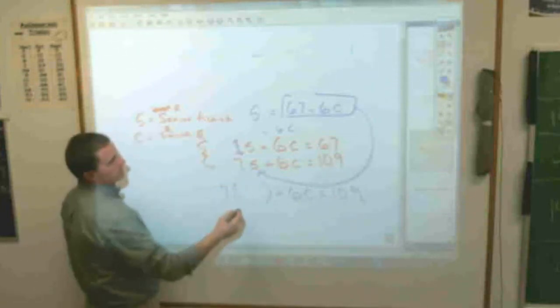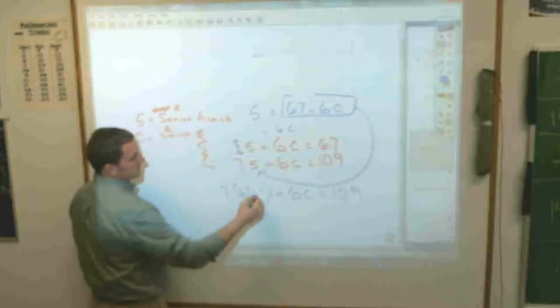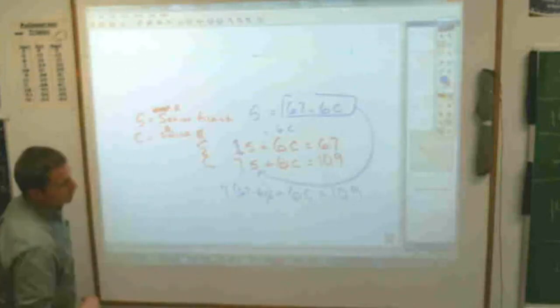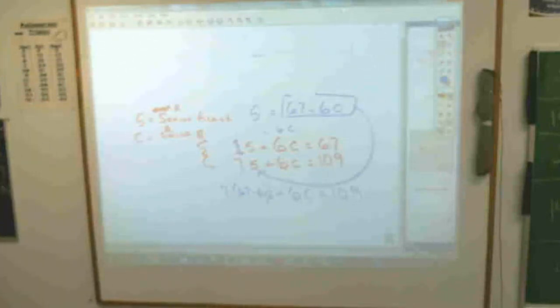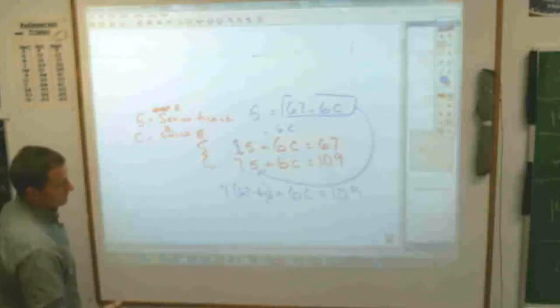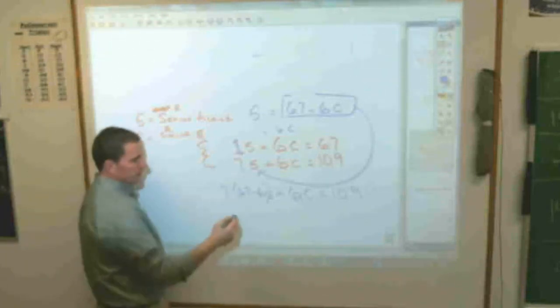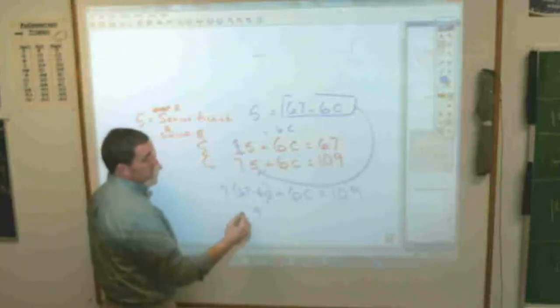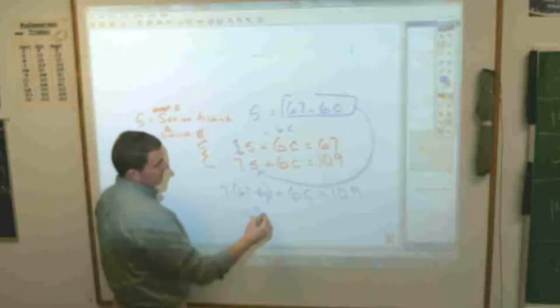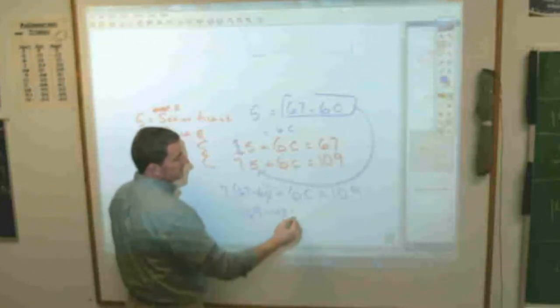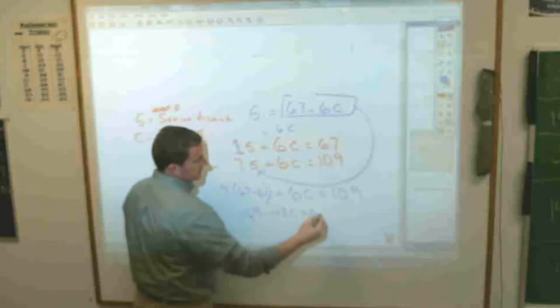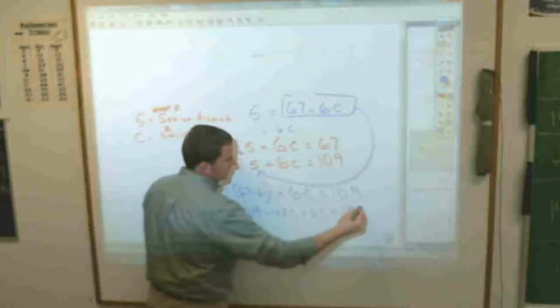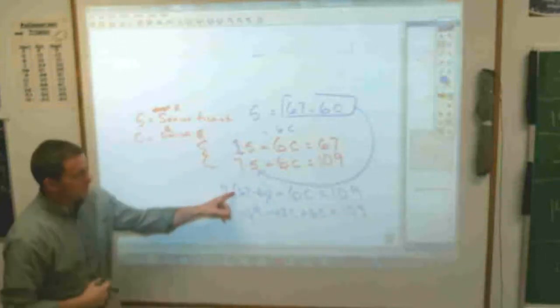And what was S? 67 minus 6C. Do you not love upper grade mathematics? 7 times 67, anybody in your head? What is it? 469? Am I good with that? Minus 42C plus 6C equals 109. Stop me if that didn't make any sense. I just distributed the property out.